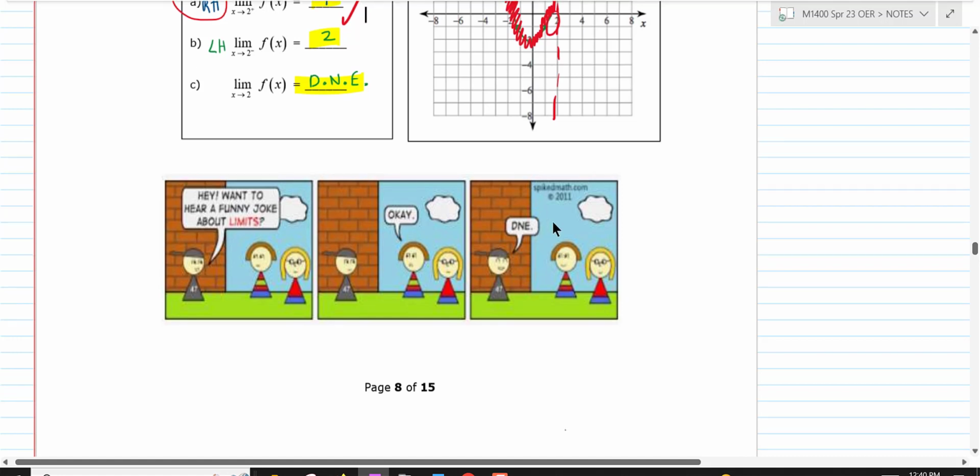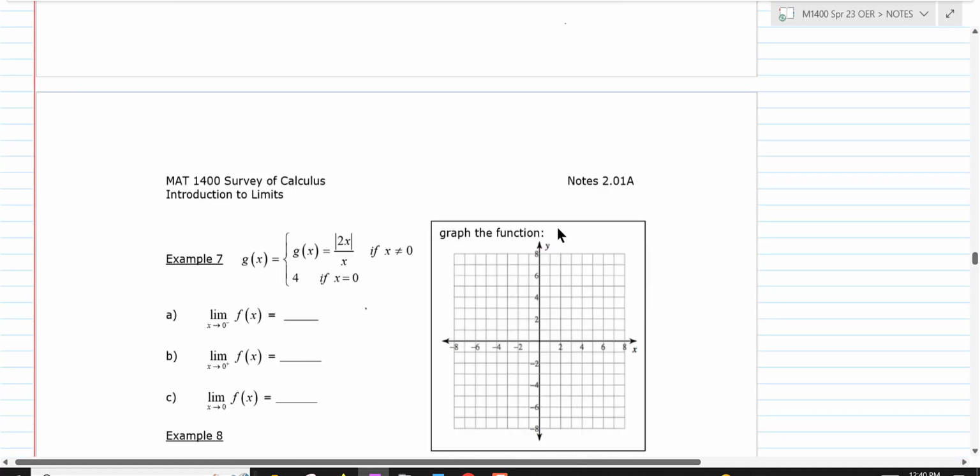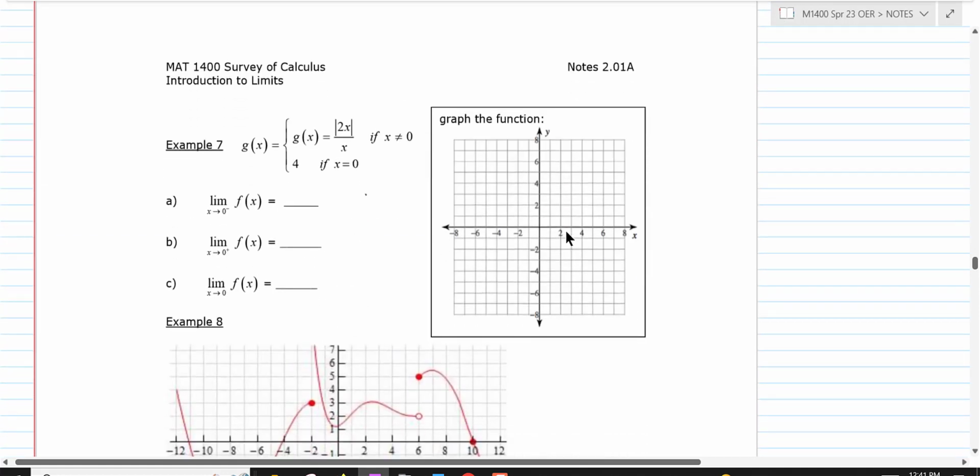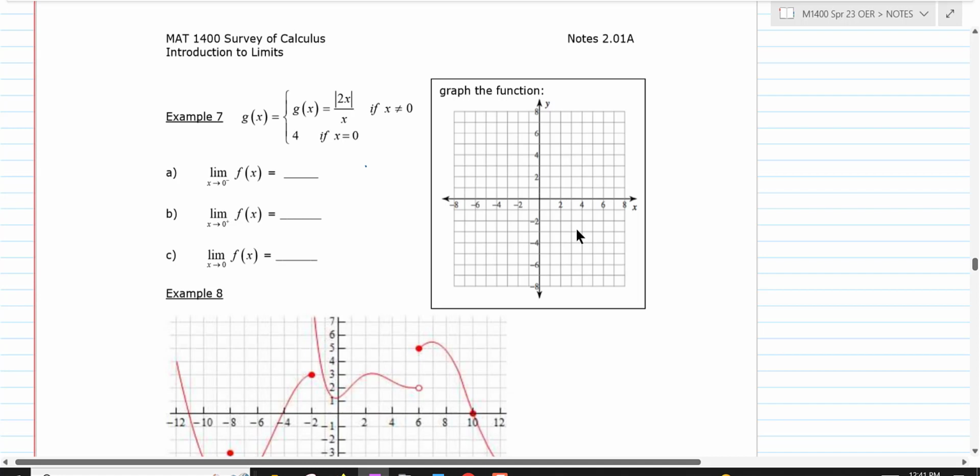Okay, let's go to the next page, and we'll do this one with the graphing calculator. The reason I'm going to do this is because I think on WebWork there's a whole lot of problems like this one that's a little different, and you might not have seen a piecewise function like it.